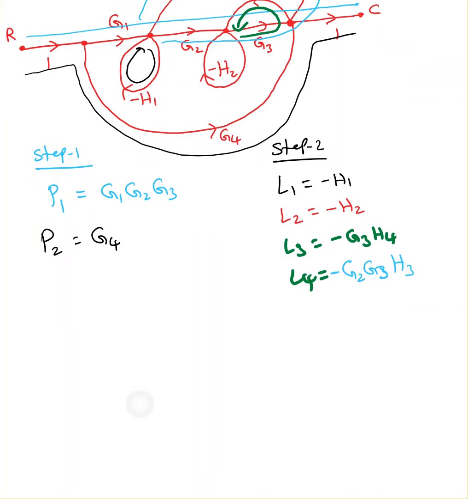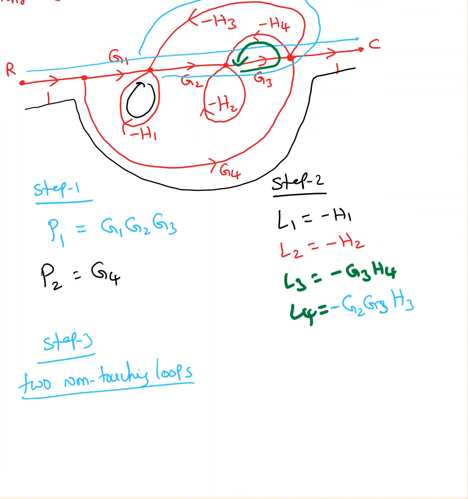Now step 3, non-touching loops. First find 2 non-touching loops, so 2 loops which are not touching each other. I see L1 and L2.